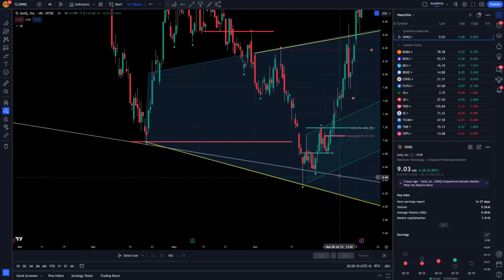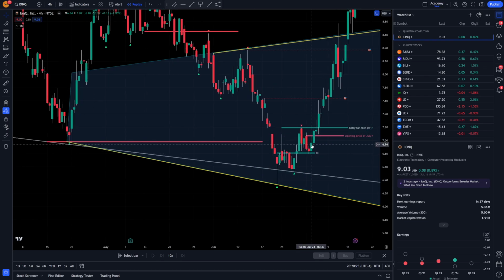So that's how you can start utilizing this in an interesting fashion, where identifying where your support and resistance is, and then clearly identifying a trend so that you are trading with it and not trading against it. Okay.